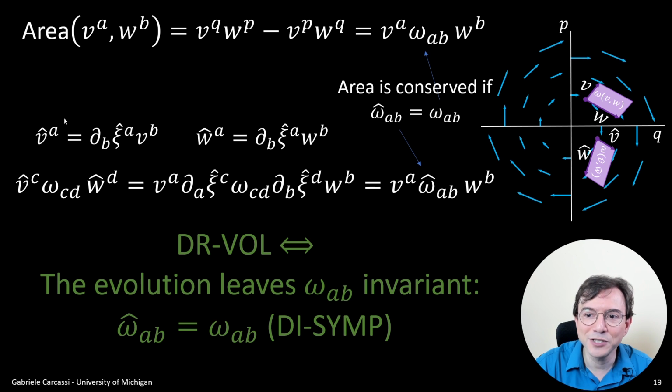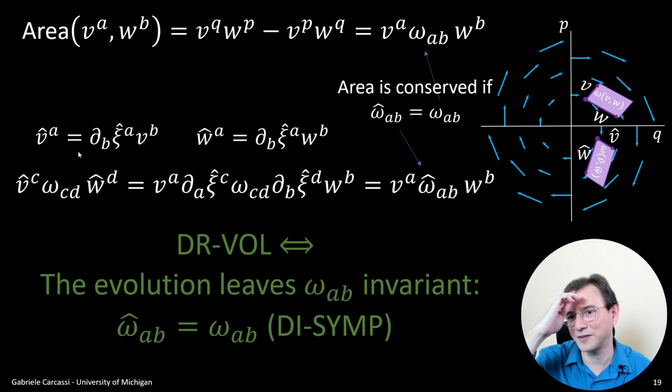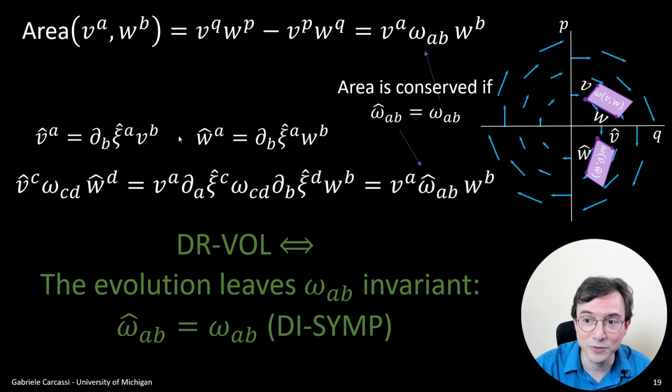And now imagine that we have, again, something that transports these vectors around. The transformation rule for vectors is just to take these vectors and multiply them by the Jacobian. So these are the new vectors, where they end up in the final time step, as a function of the initial one.